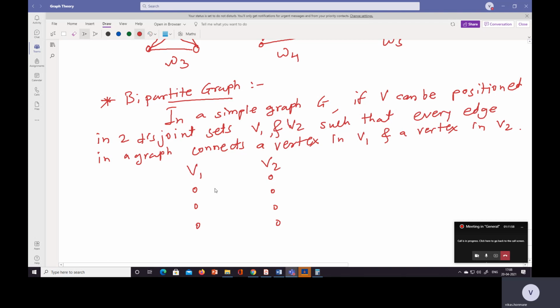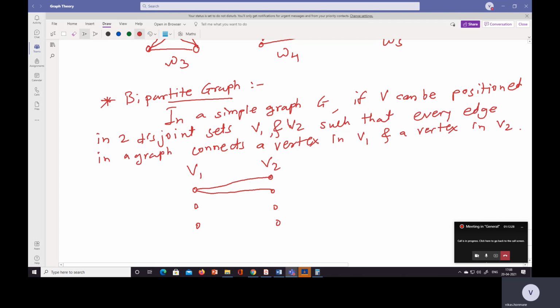Okay, so these are the two disjoint sets V1 and V2, and every edge in the graph connects a vertex in V1 and a vertex in V2.